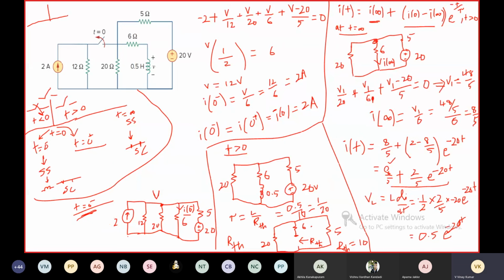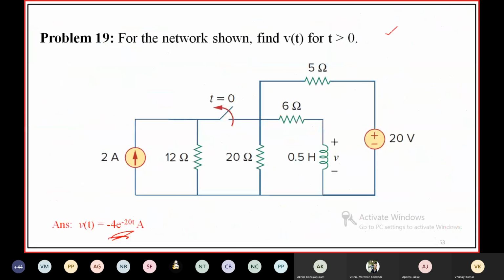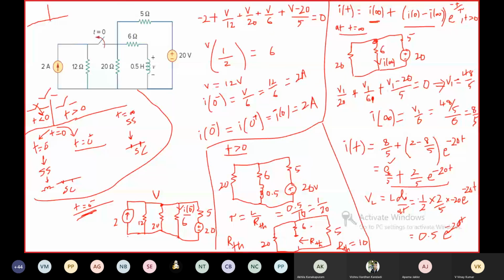You check once again. If there is any calculation mistake, please correct. Sir, you got minus 4 only, sir.